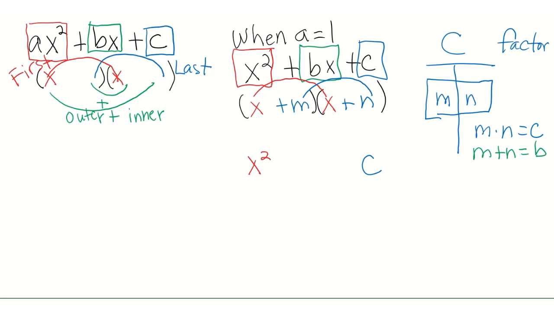And then in the middle, I've got an x times n and an m times x. And when I add those two terms together, that is going to give me my bx.